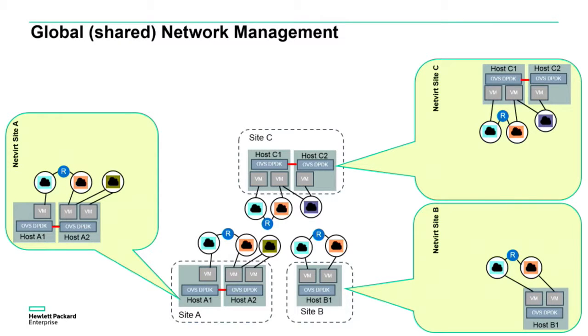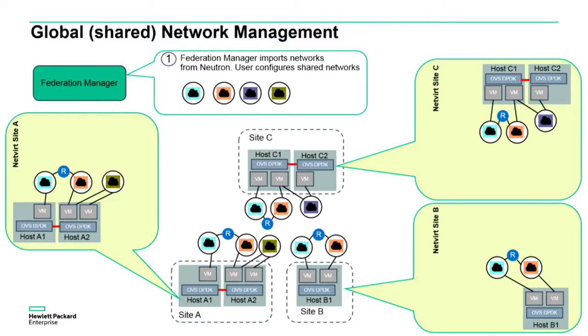So what does that create from a model perspective? Each side has its own NetVirt model, okay? In NetVirt you have OVSs, and VM ports belong to a network.